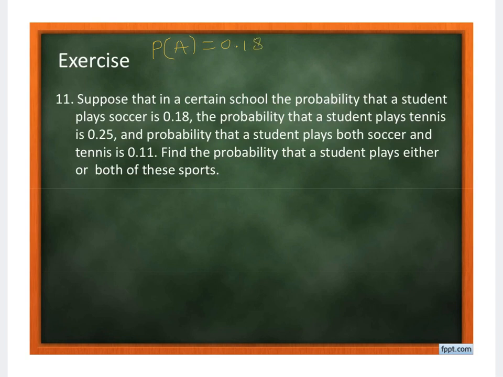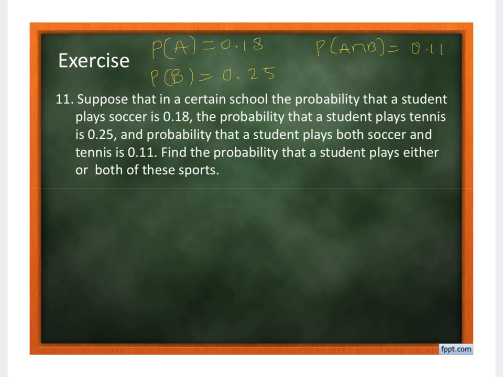B is tennis, 0.25. Both soccer and tennis, 0.11.